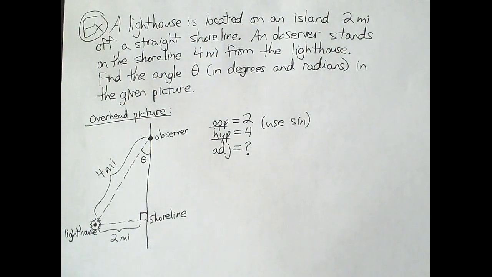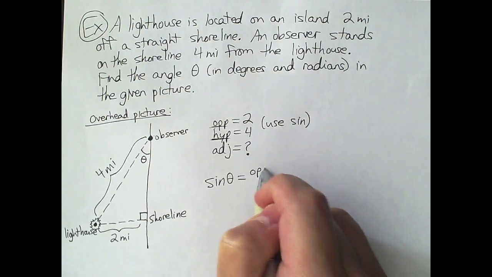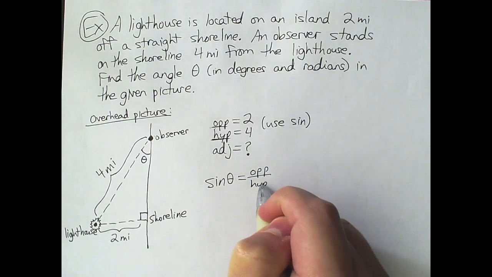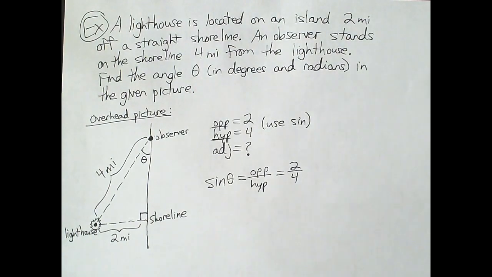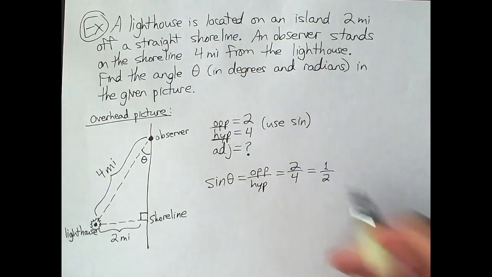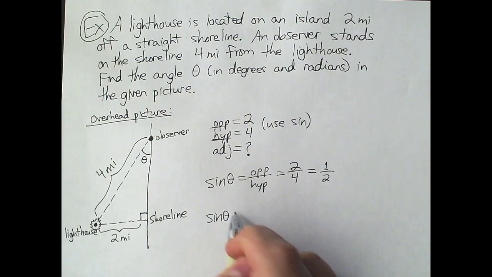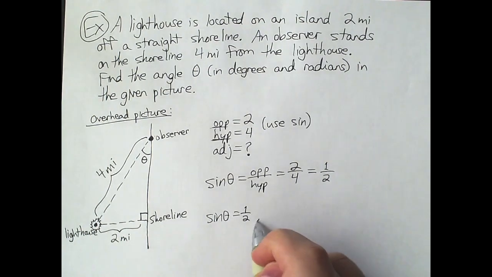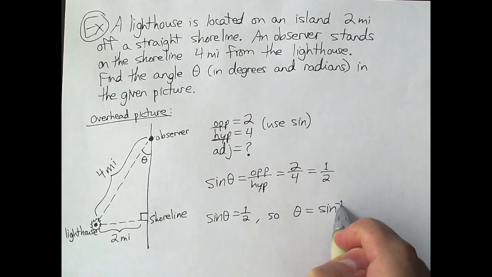This one's going to use sine because sine of theta is opposite over hypotenuse, which is going to be 2 over 4. Hey, 2 over 4, that's also known as 1 over 2. Sine of theta is 1/2, so theta is inverse sine of 1/2.